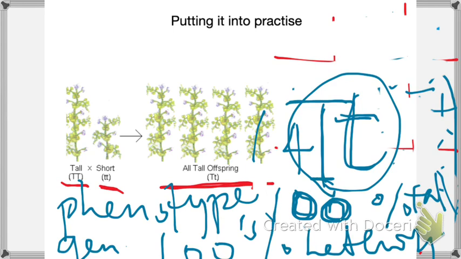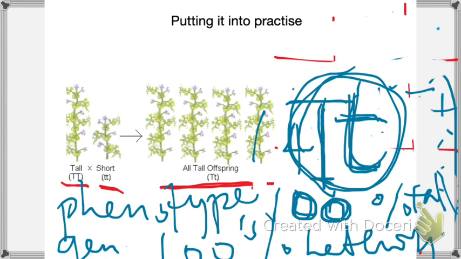Think you understand that? So 100% tall, because remember, phenotype is what we see, and the genotype is what the alleles that were present determine. Because we have 1 tall T and 1 small t, we have 2 different alleles. 1 is dominant, 1 is recessive. When we have that combination, it is referred to as our heterozygous pair, right? So there we have 100% heterozygous.